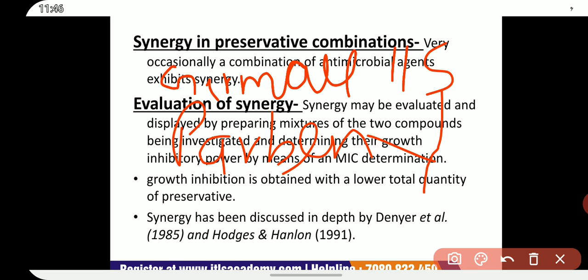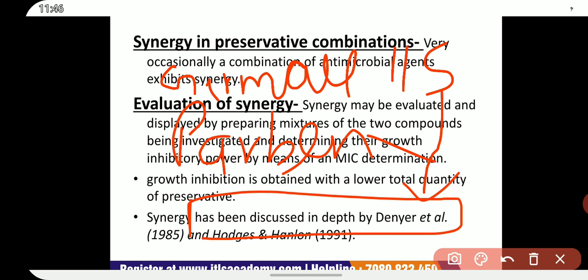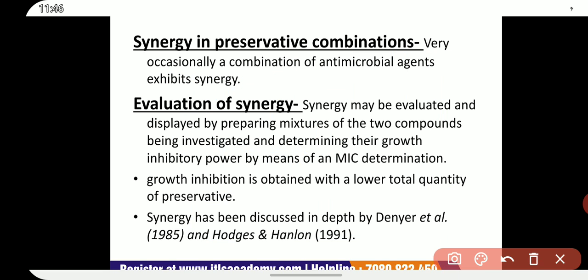These two, one antibacterial and one antifungal, when combined, their synergistic effect becomes a broad range spectrum. So this is the process known as synergy in preservative combinations.